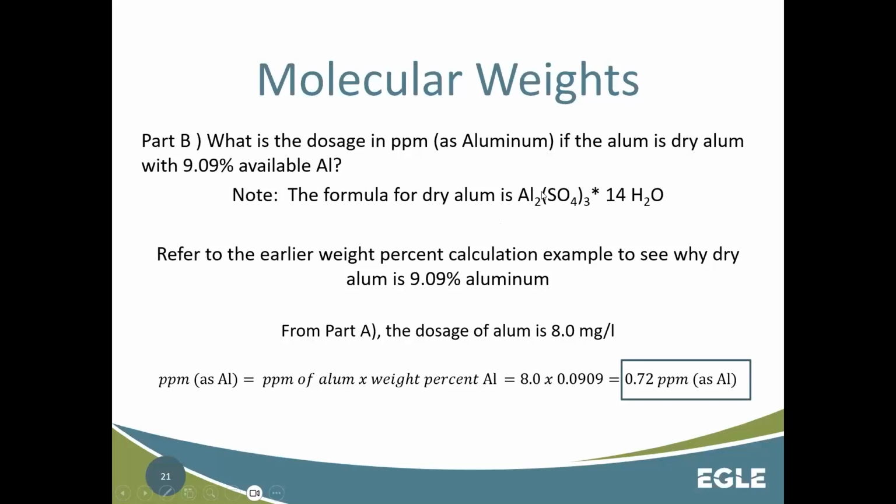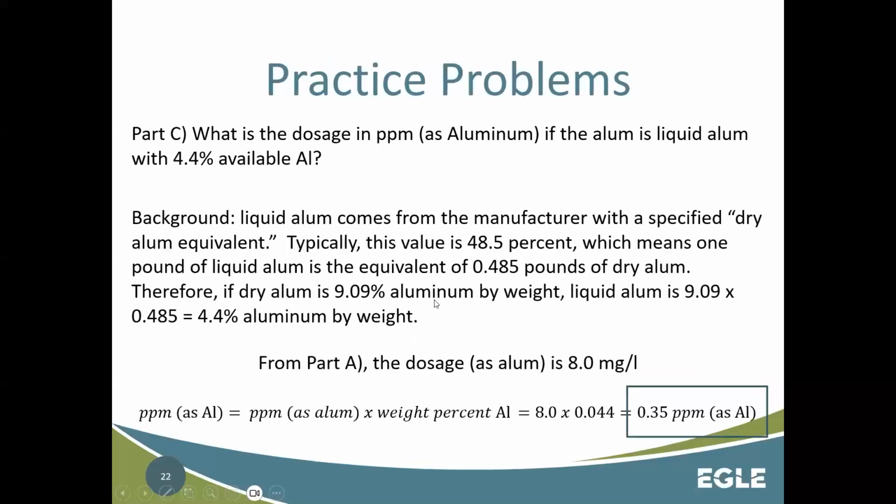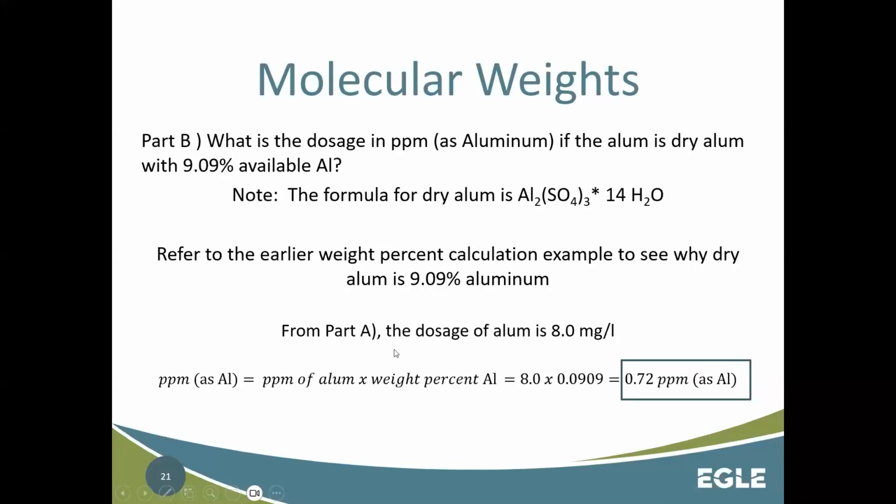Again, the formula for dry alum, we've got our Al2SO4 and our 14 waters. We did the weight percent calculation as one of the first practice problems, and you'll probably remember we divided the weight of the aluminum by the total weight of the alum, and we came up with our 9.09. And from part A of the problem, we know that our dosing rate is 8 milligrams per liter, or you could say 8 ppm.